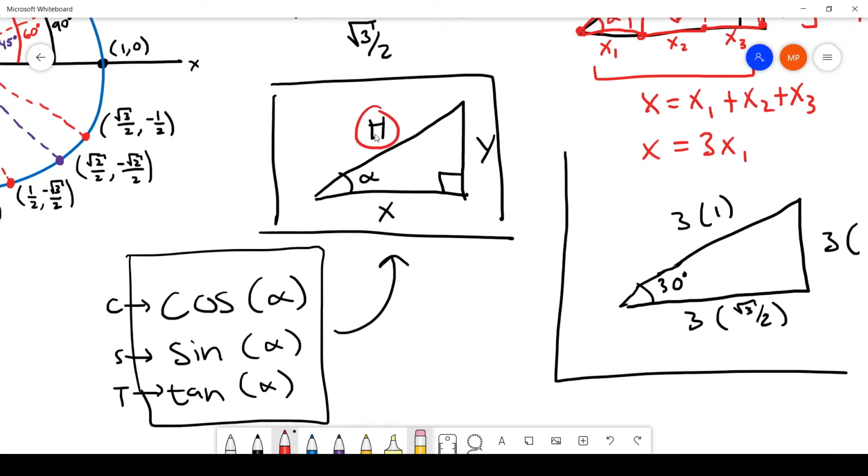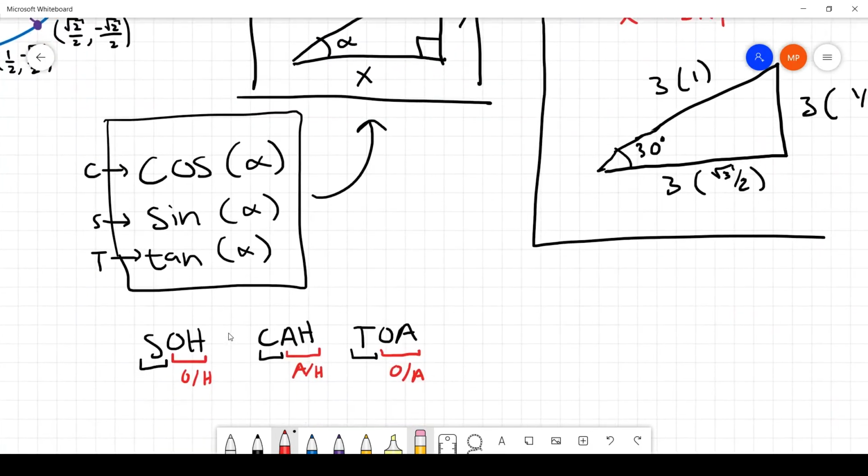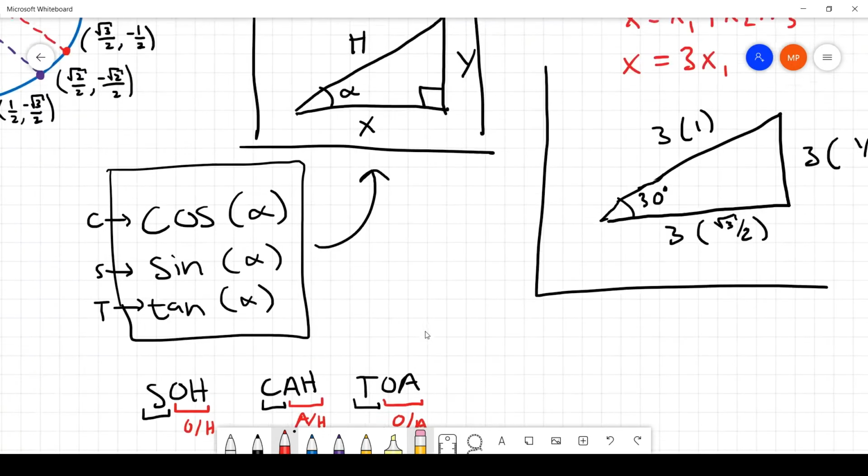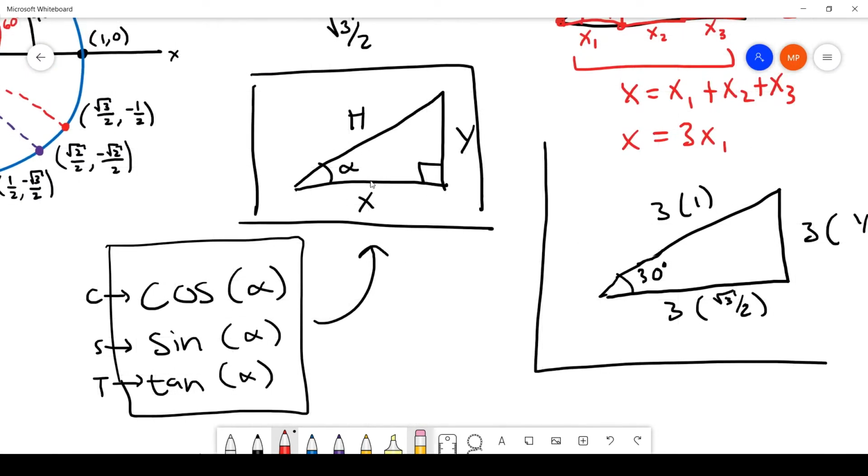So of course our H, our hypotenuse, it never really changes. However, the reason why we have an O and an A here for opposite and adjacent sides of this triangle is because it's relative to our angle alpha that we're looking at, right? Because within the triangle, regardless of where the angle is, the hypotenuse, defined as the longest leg within the triangle, that's never going to change.